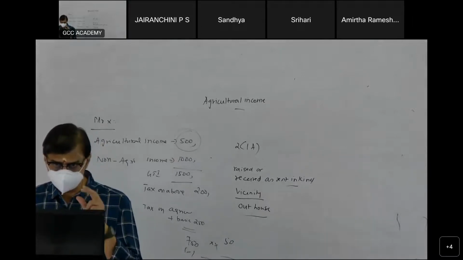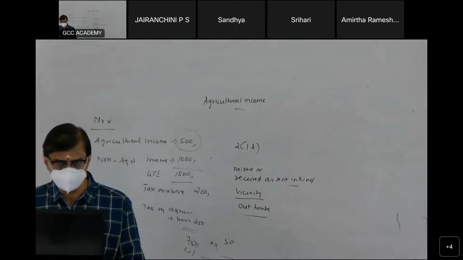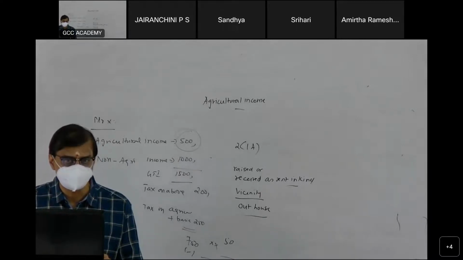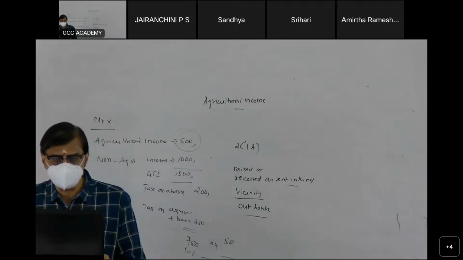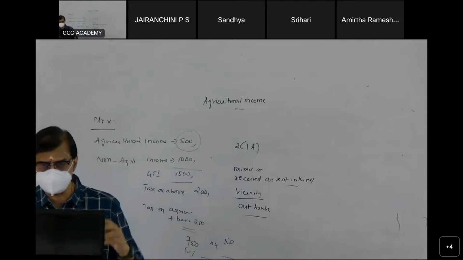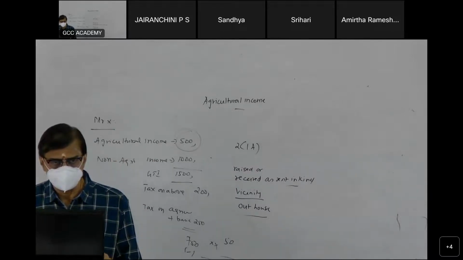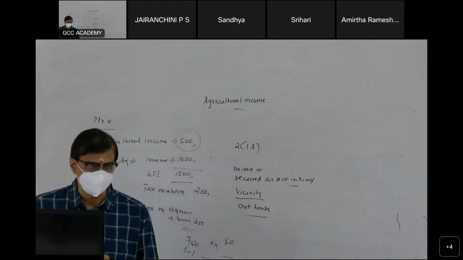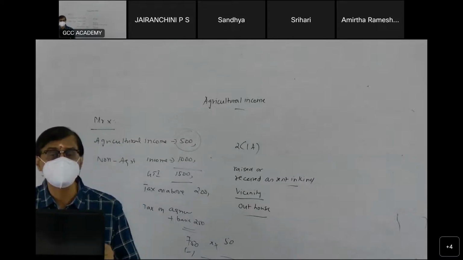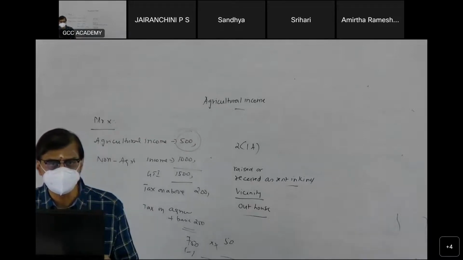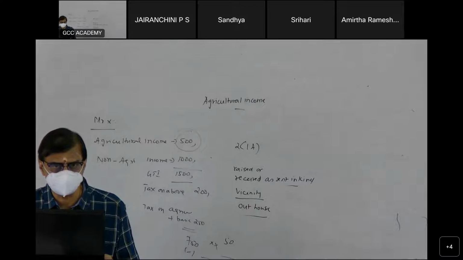Now, if you want to avoid tax, what activity can you do in India? You can derive income in thousands and lakhs or crores, but it's all exempt from tax. You can reconstruct the building.